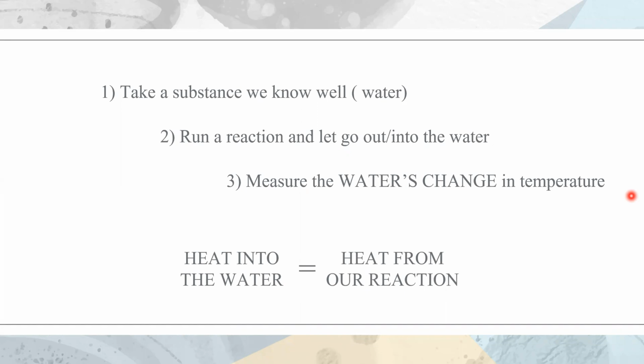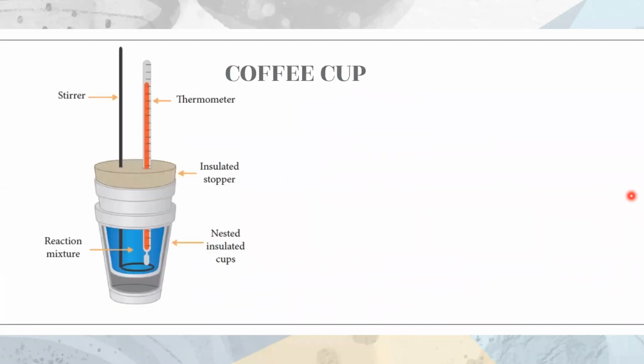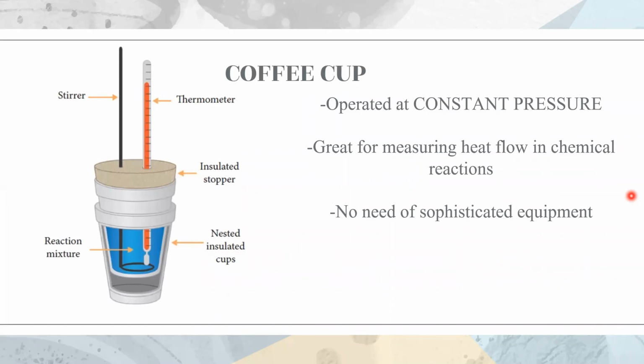And in calorimetry, we have two different types of measuring calorimetry. We have constant pressure and we have constant volume. And we're gonna go over the easy one first, which is the constant pressure, and it is also known as the coffee cup. This is a very simple way in which we can create a calorimeter, and we could even make it in our houses.